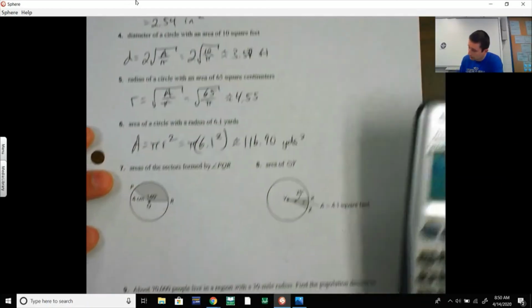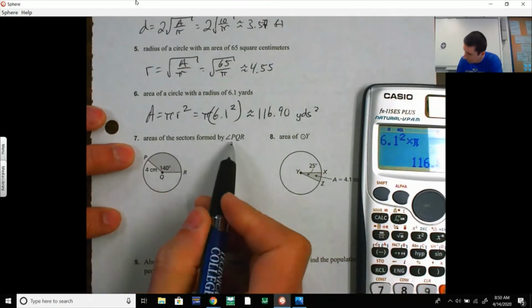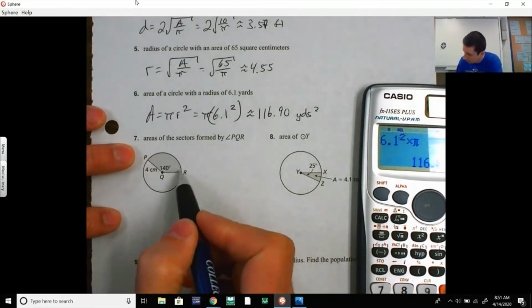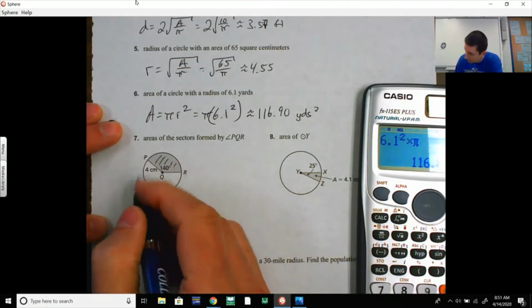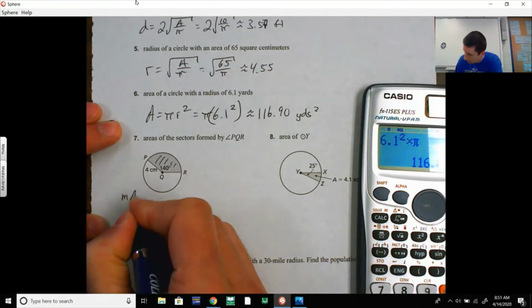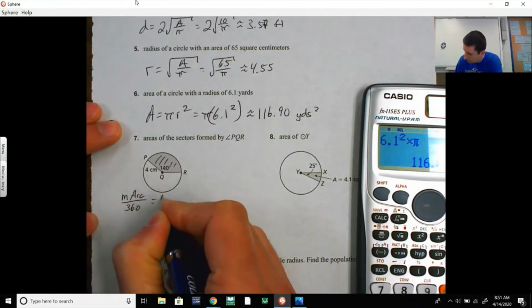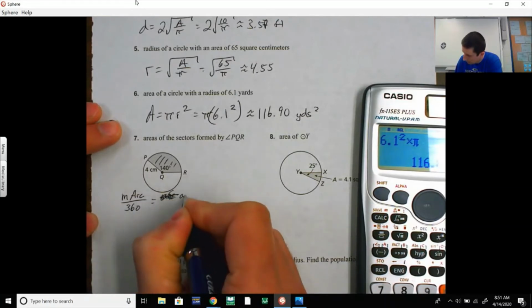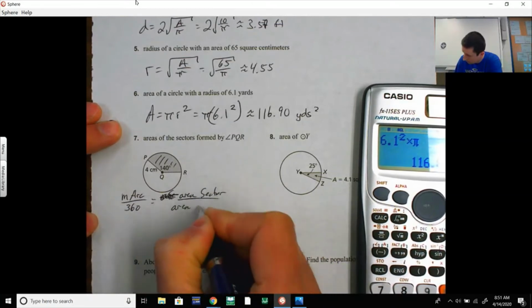Okay, here come our areas. The areas of the sectors formed by angle PQR. So they want this shaded area in there. We have the measure of the arc. So the measure of the arc over 360 has to equal the area of the sector over the area of the circle.